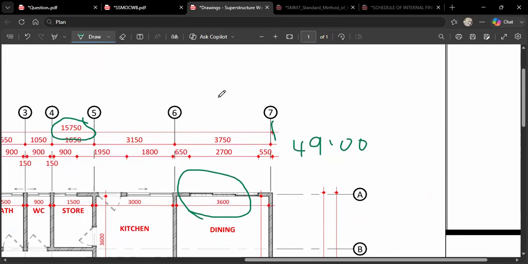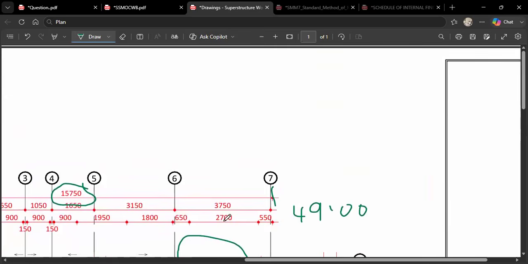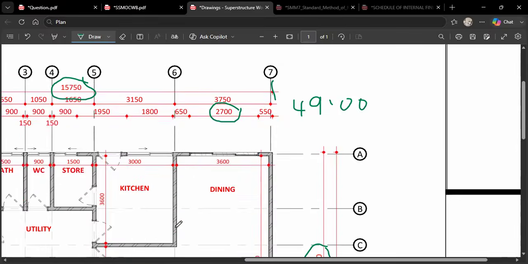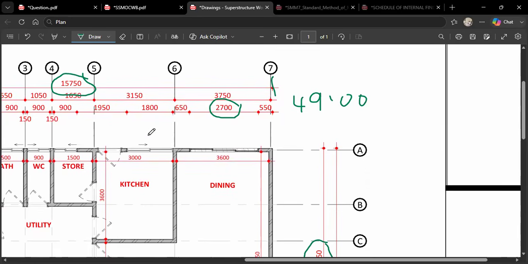The window for the dining you are seeing over there is what? 2,700. This is it over here. 2,700. Okay. And then the window for the kitchen also over here is what? 1,800.